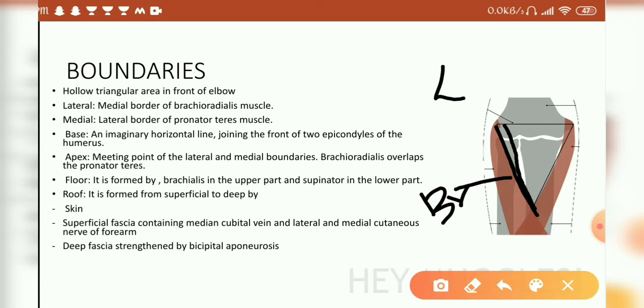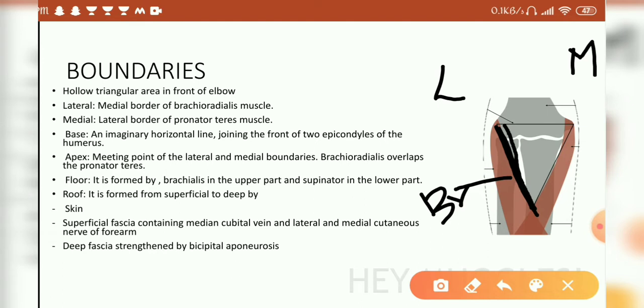This is the lateral aspect and this is the medial aspect. And this is your brachioradialis muscle. So you can see here that the medial border of brachioradialis muscle is forming the lateral boundary of cubital fossa, right?